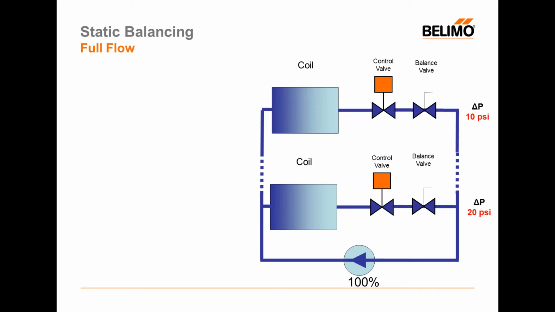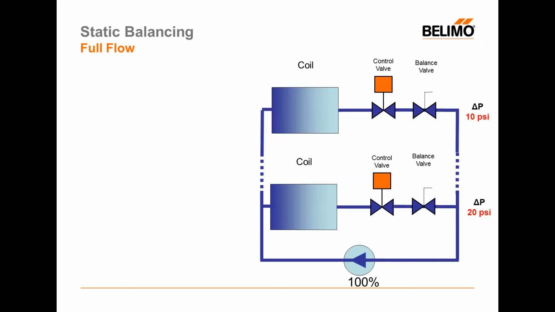The reason for that is that this is a direct return piping system, so I have very high pressure water coming into the first coil on the first floor, and then the water has to go all the way up the building, servicing all the other floors. We're going to lose pressure all the way there, and then on the way back down, we're going to further reduce the pressure, and by the time the return water gets back to the first floor, it's relatively low pressure. So we have a much higher differential on our first floor than we do on the 10th floor.